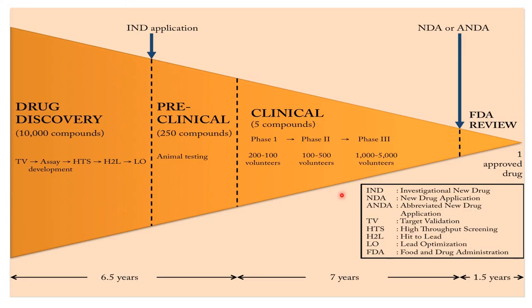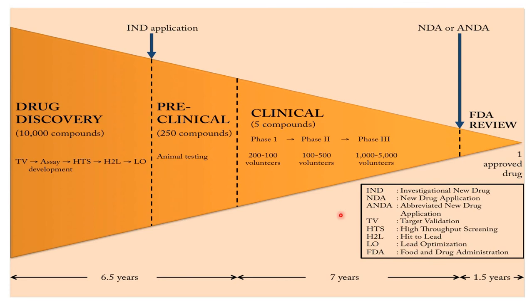So here you can see an entire layout of the drug discovery to its preclinical trial, to its clinical trial, to its FDA review. Means from the starting step of drug discovery, it undergoes the TV. TV is a target validation assay, various types of assays, primary or secondary assay, then HTS. HTS is high throughput screening, as I discussed previously. Then it goes to the H2L.